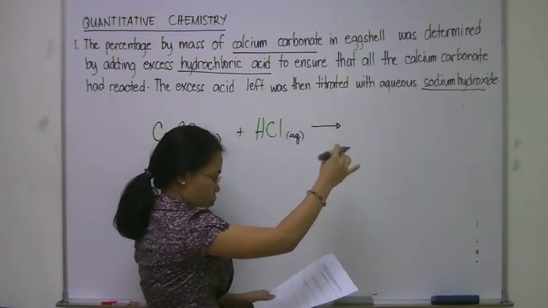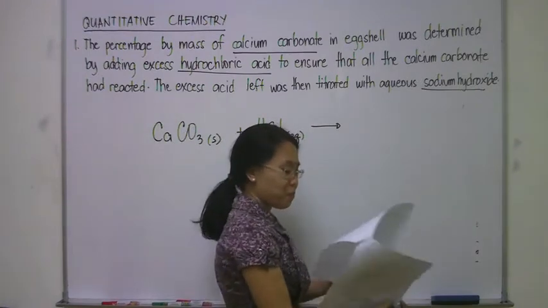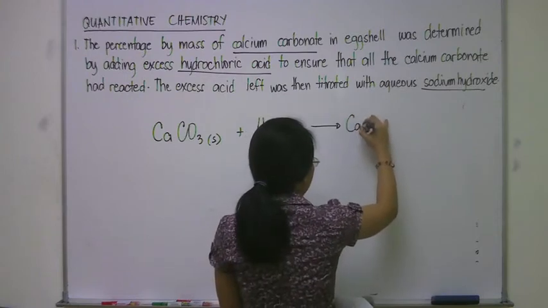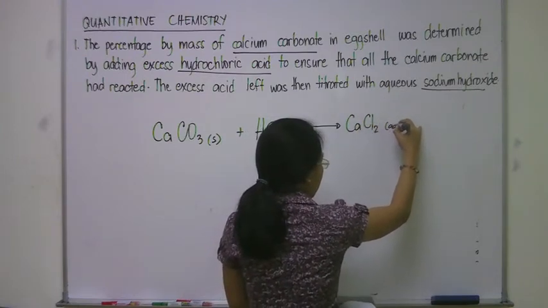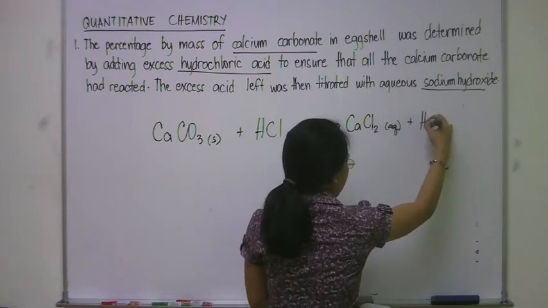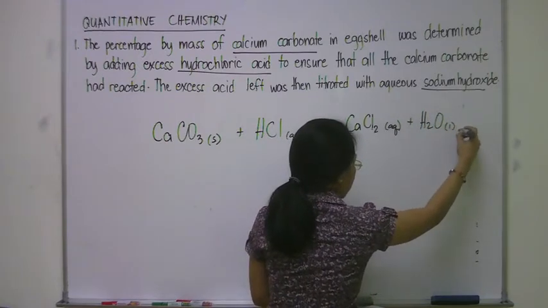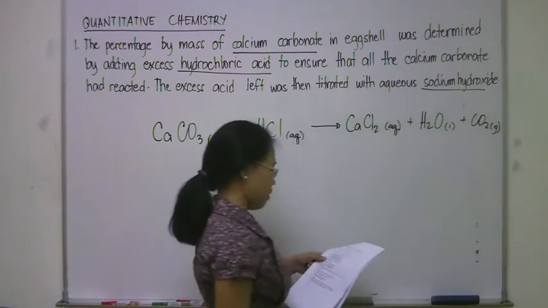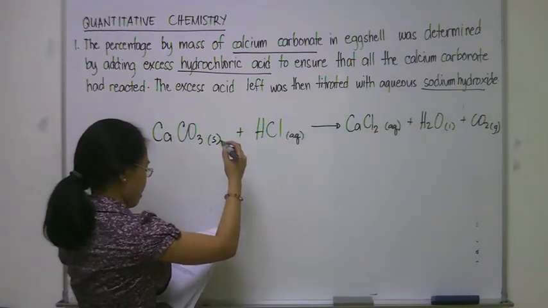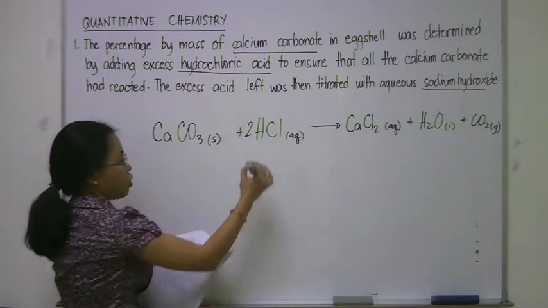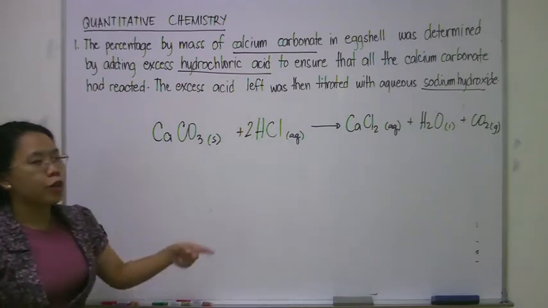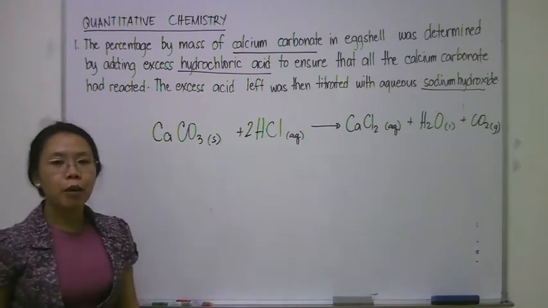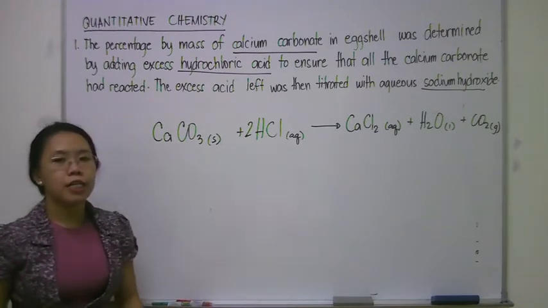We will produce calcium chloride aqueous, water, and carbon dioxide gas. Okay? So, 1 mark for the balanced equation and the correct chemical symbols, and 1 mark for the state symbols.